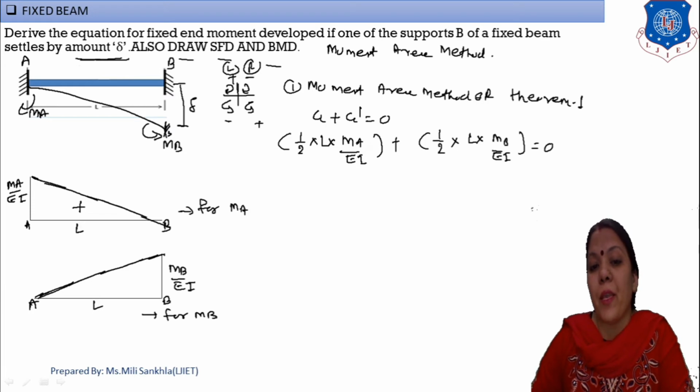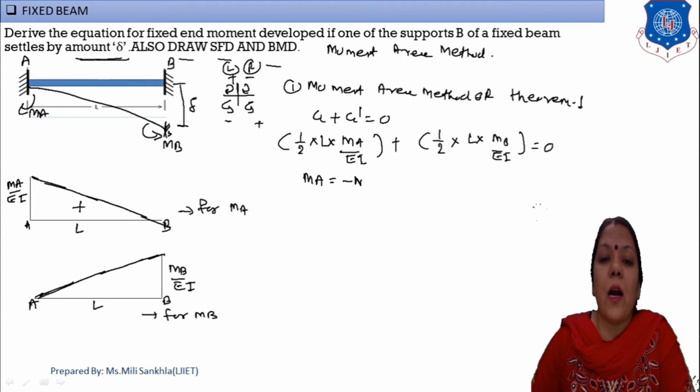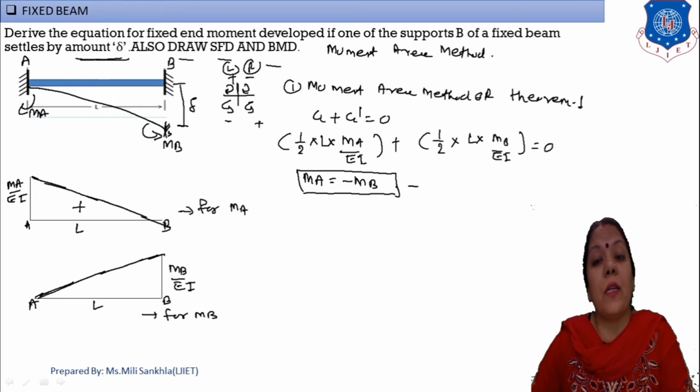Now simply L by 2 EI cancel, and our first derivation is that MA is equal to minus MB. Okay, this is my first derivation from moment area theorem number 1.